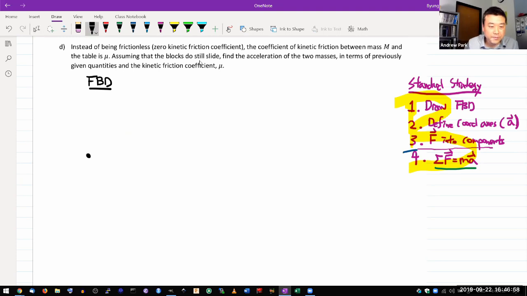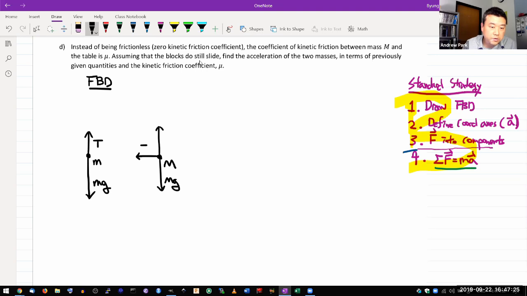So let me draw a free body diagram of the small mass m and the big mass M. On the small mass, nothing changes. There's a weight and tension. On the big mass is where there are now changes. So there will be weight and normal force and tension.